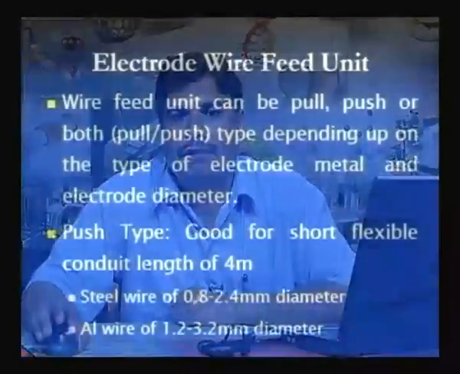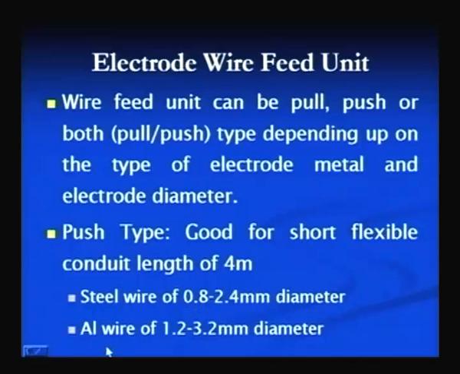Under those heavy frictional forces, steel wires of small diameters or aluminum wires of small diameters particularly can bend and can disrupt the uniform feeding of the electrode wires.